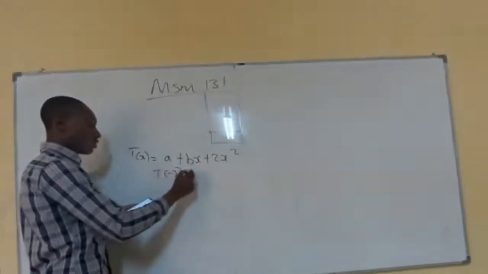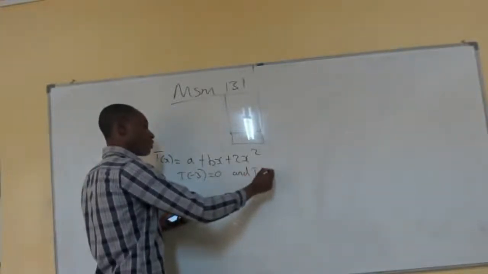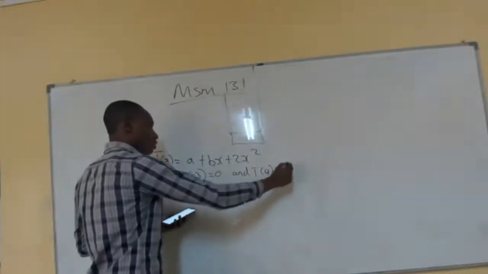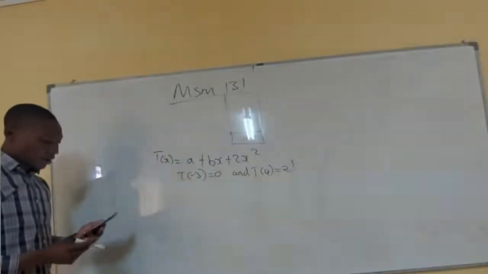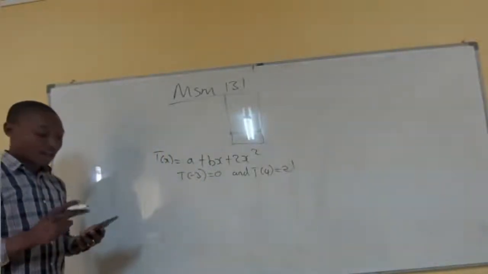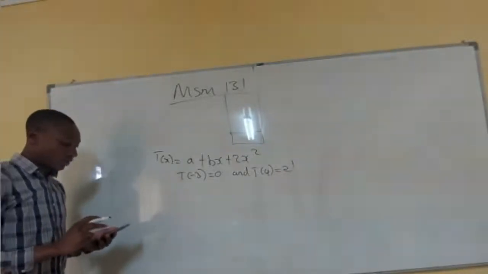T of negative 3 is equal to 0, and T of 4 is equal to 21. Find the values of A and B.